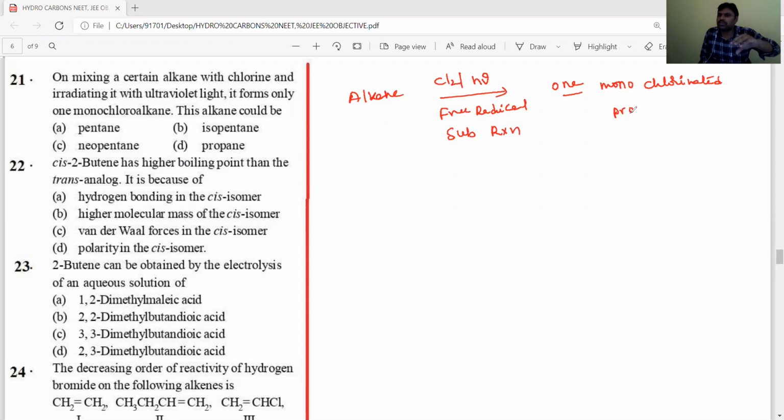Is it possible for an alkane to produce only one monochlorinated product? We need to identify this in the given options. Okay, students, let's listen.